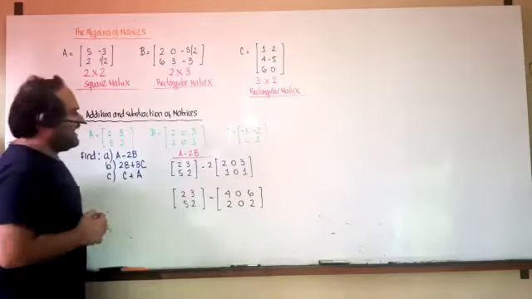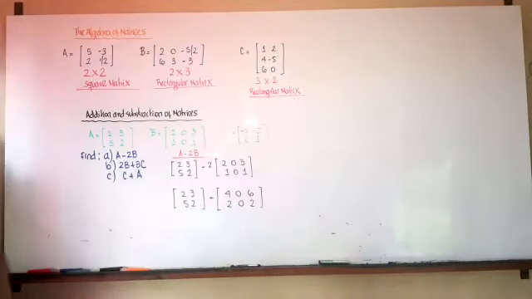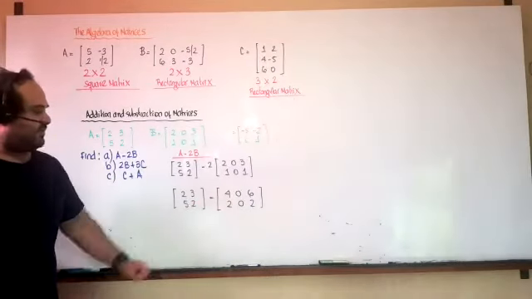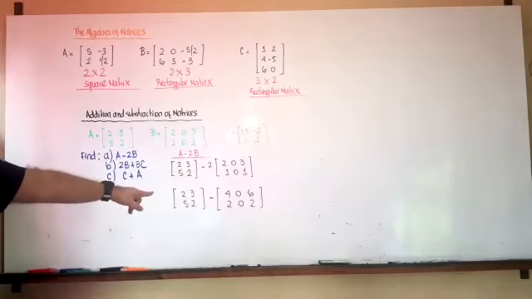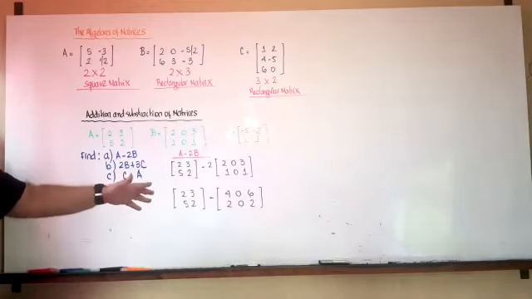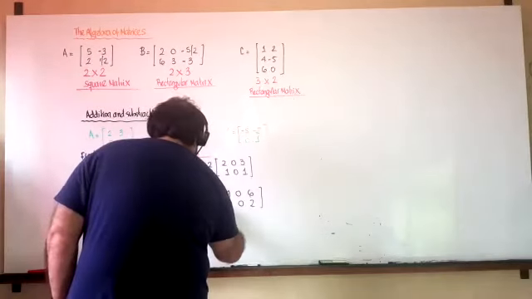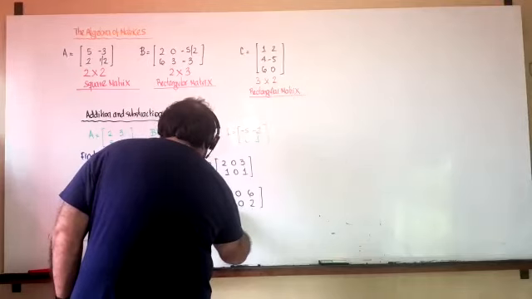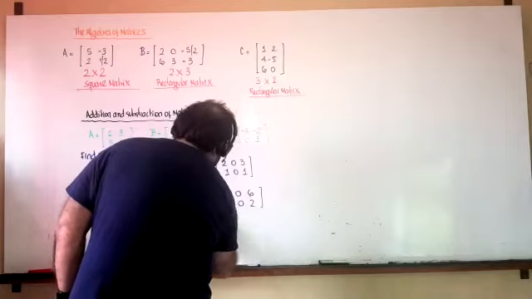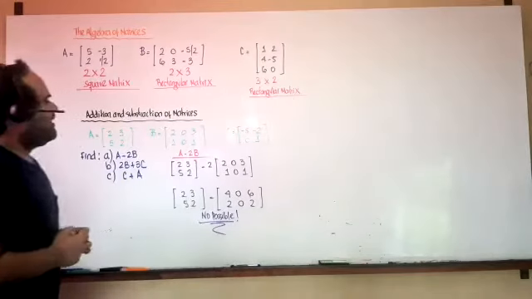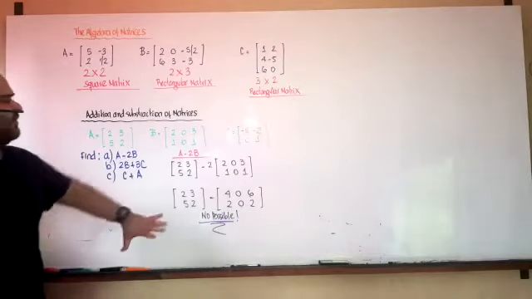But what happens in this case? We have a 2 times 2 matrix versus a 2 times 3 matrix. Are they the same size? No. For that reason, the answer for letter A is not possible, or no solution, because these two matrices have different sizes.